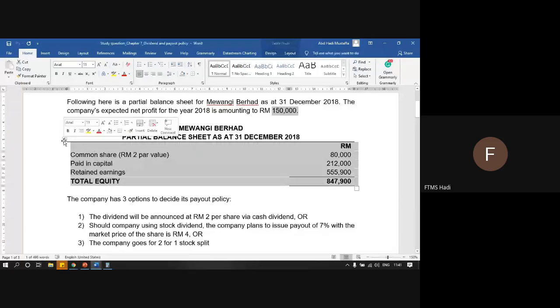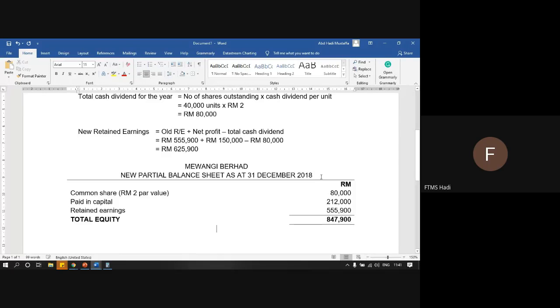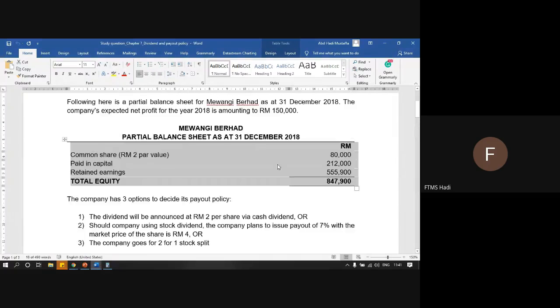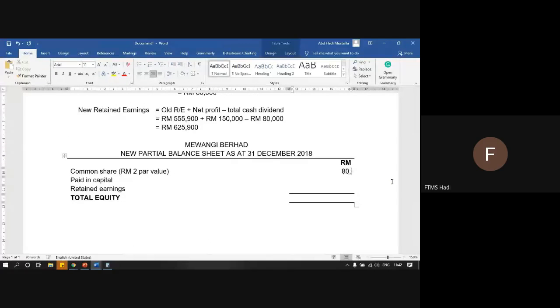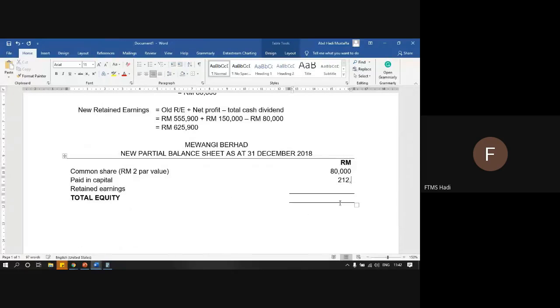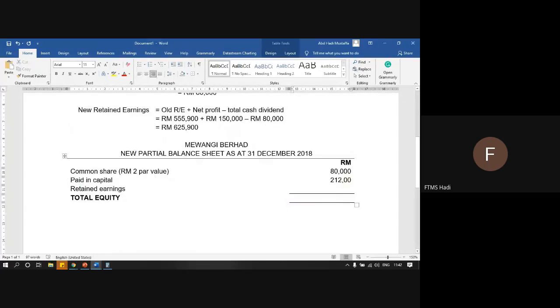So maybe I just copy straight away. Okay, common share no change. Remember, cash dividend has no effect on common share, no effect whatsoever on paid in capital, but only has an effect on retained earnings, which is bringing down there 625,900.